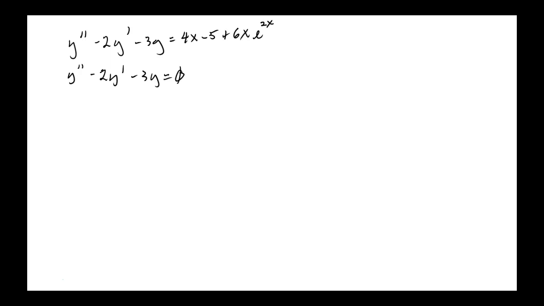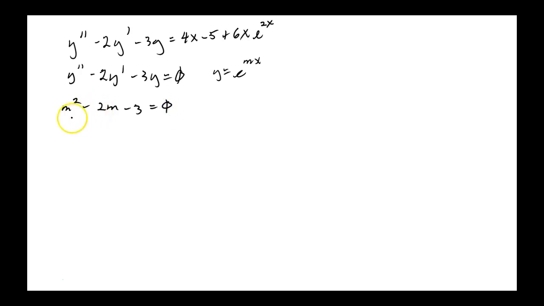Yes. That makes it, you're solving the homogeneous one. And here is where you assume y is equal to e to the mx. And what will your auxiliary equation be? M squared minus 2m minus 3 is equal to 0.